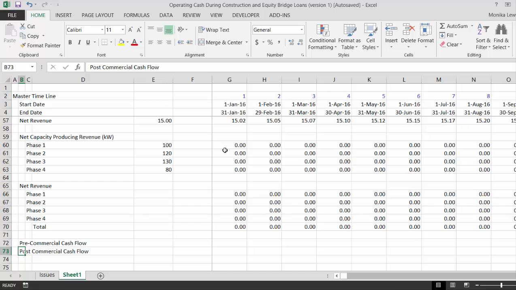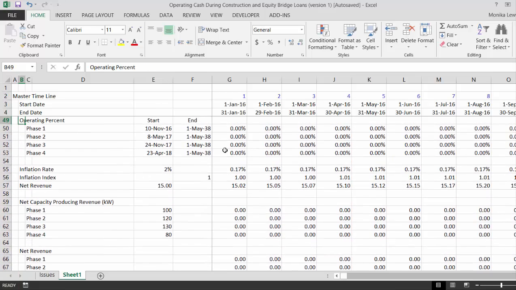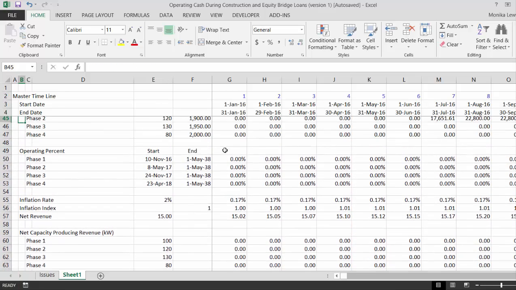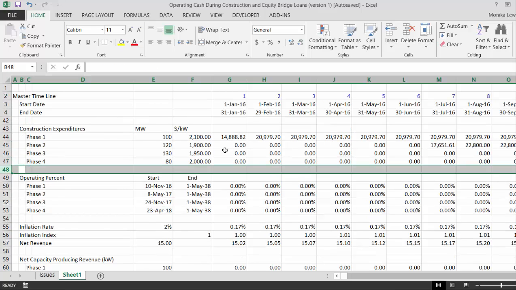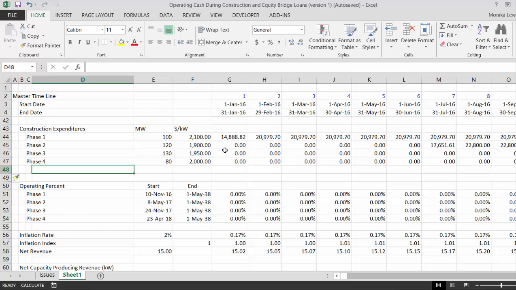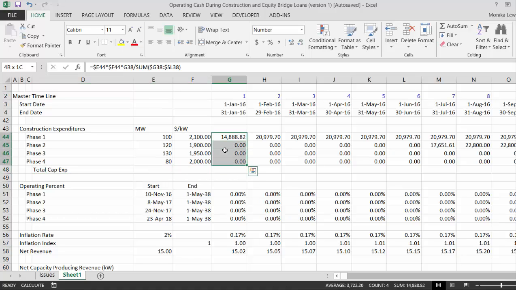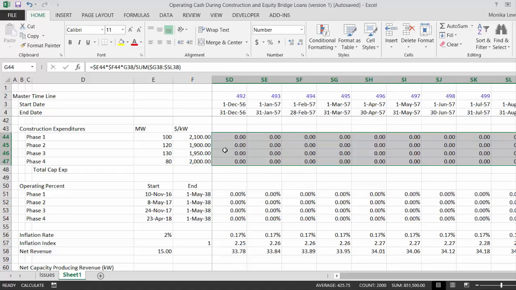Actually, before we do this, we can put our total capex. And then we can compute our operating, Shift Control right arrow, Alt equal.